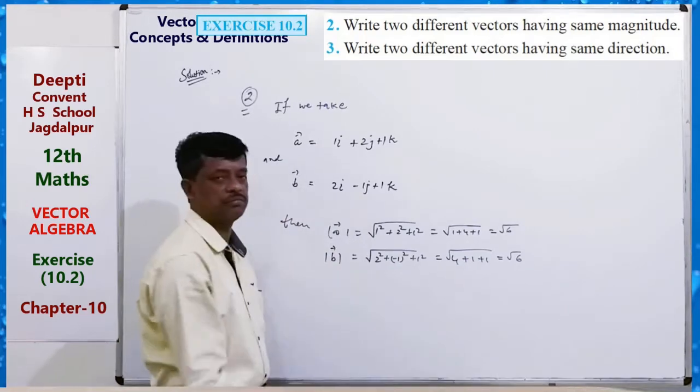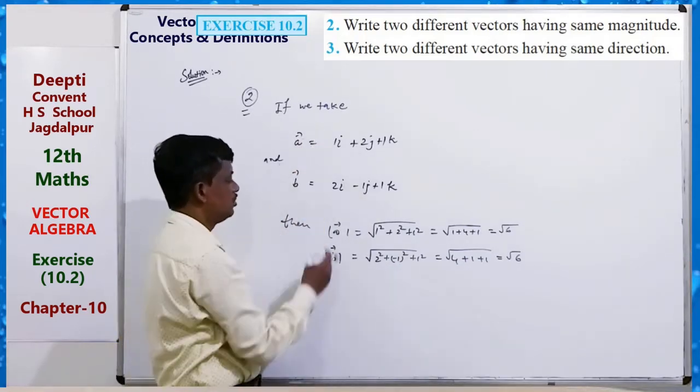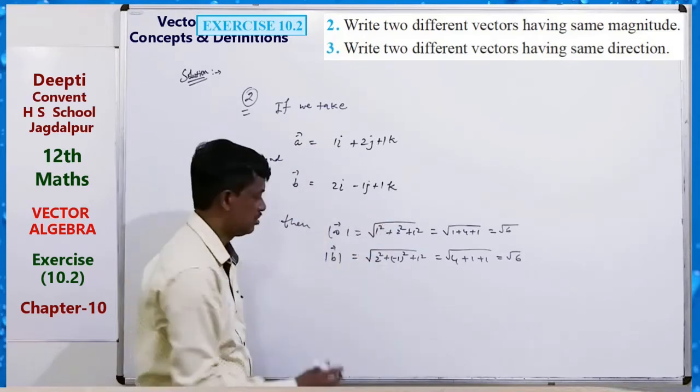So magnitudes are same, but both vectors are not equal.